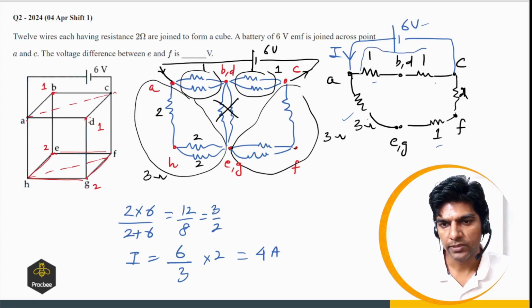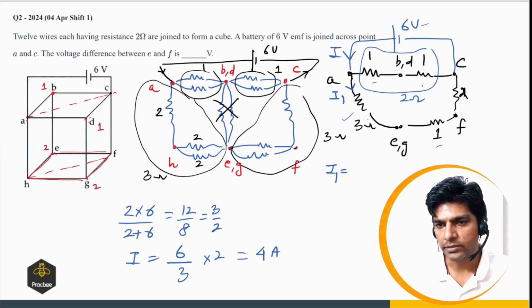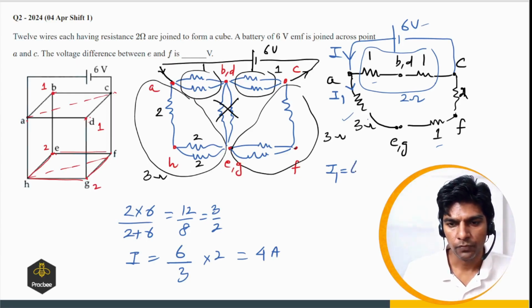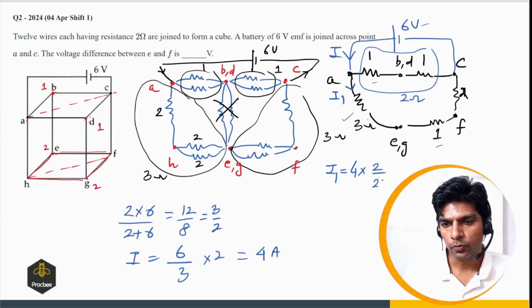Now this branch has 2 ohms resistance and the bottom branch will be having 6 ohms resistance. So the resistance in these two branches is in the ratio 1:3. Sorry, the current in the bottom branch will be 4 times 2 upon 2 plus 6.